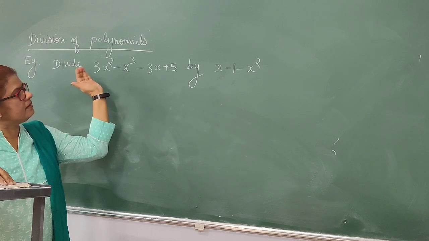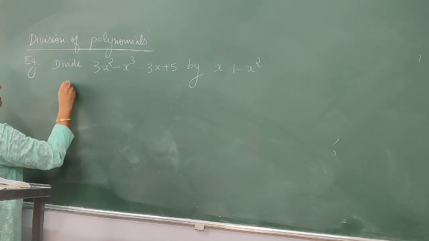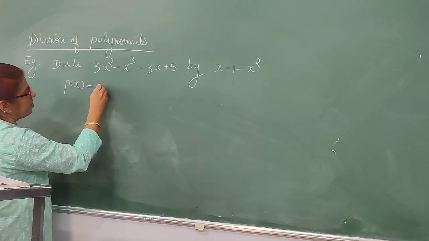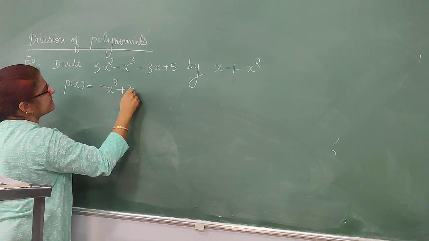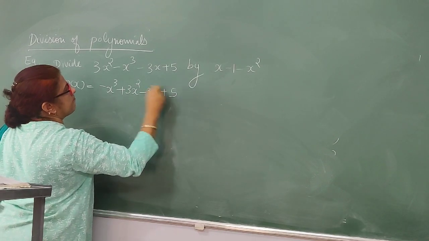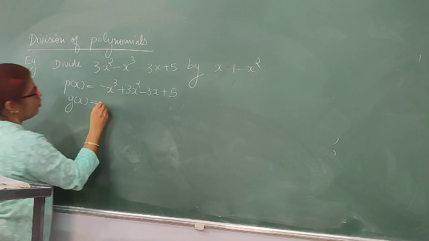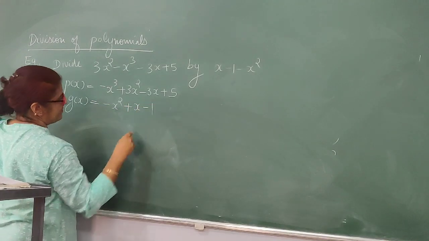And we have to write in descending order of degrees. Let's write, and this is P(x). Here P(x) is equal to, in descending order of degrees, minus x cube plus 3x square minus 3x plus 5. And G(x) is equal to minus x square plus x minus 5.